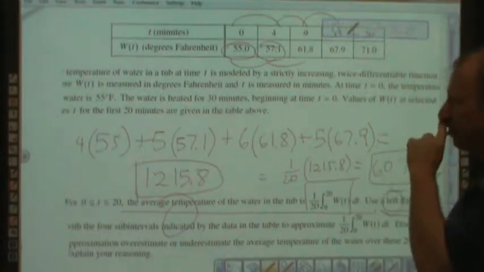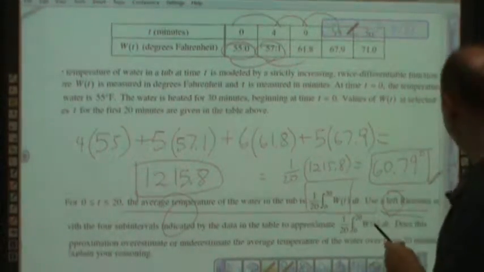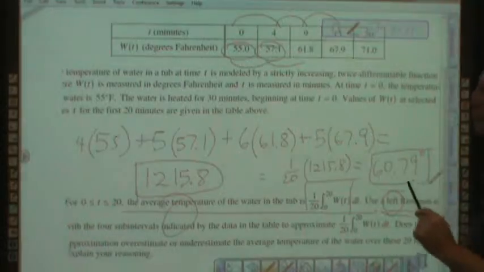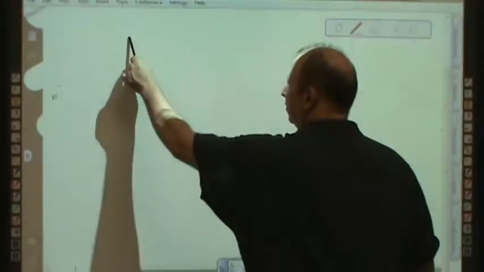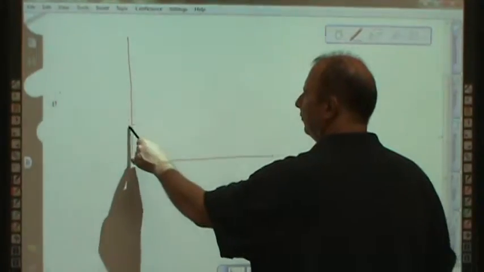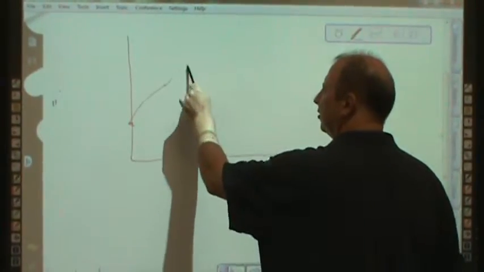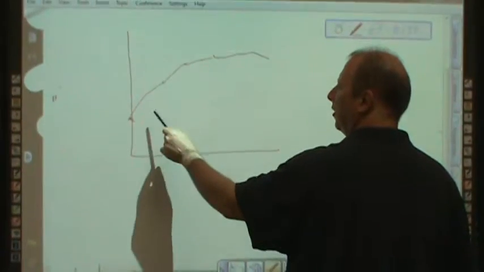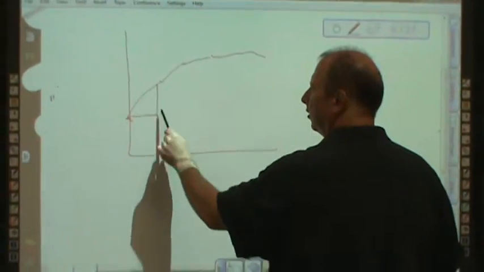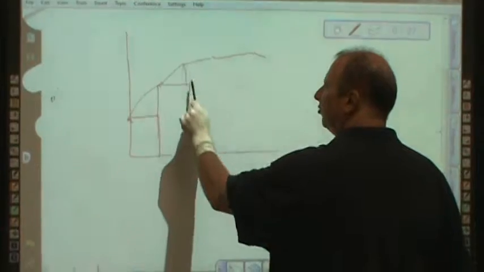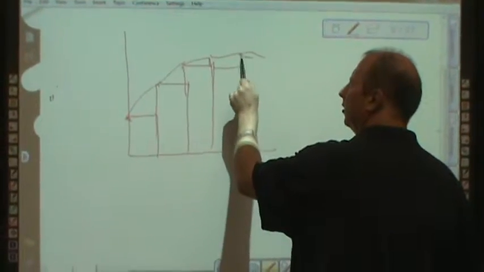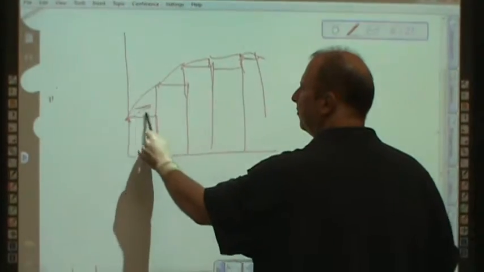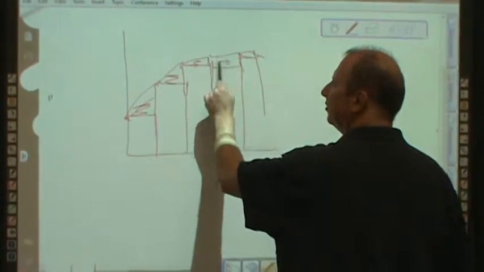Now, is it an overestimate or an underestimate? Well, that's real easy to do visually. If I do it visually, in each case, I'm not worried about what it looks like offhand, we'll see that it happens to be an underestimate.